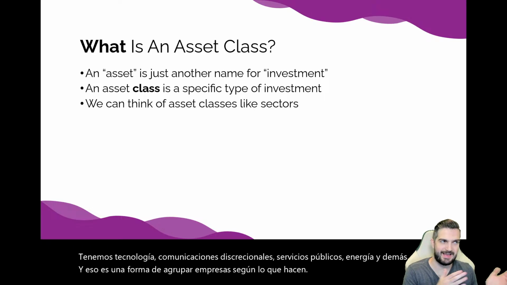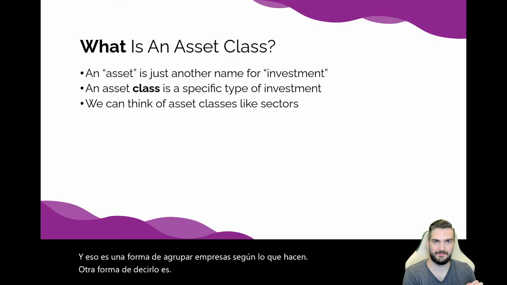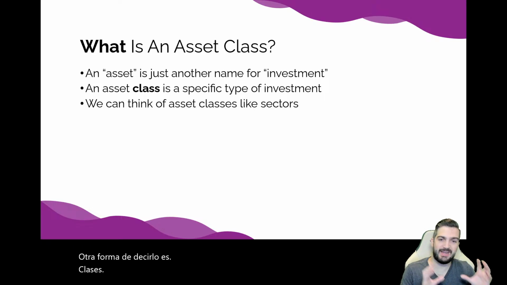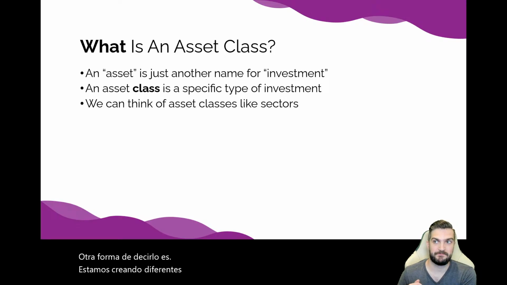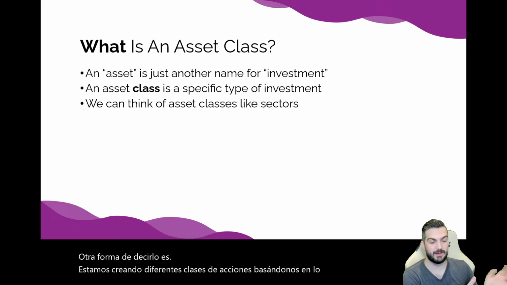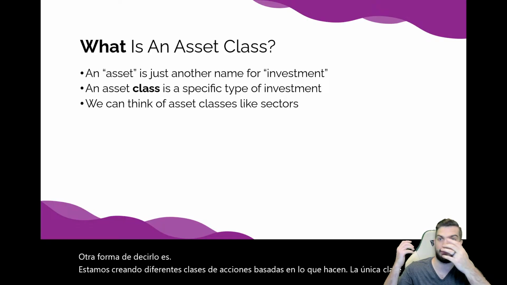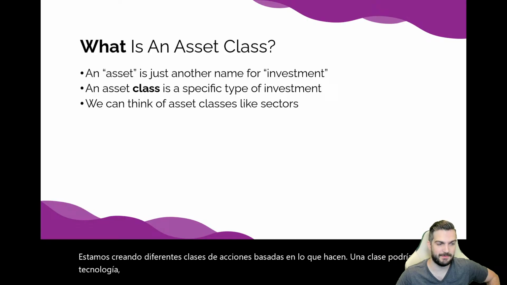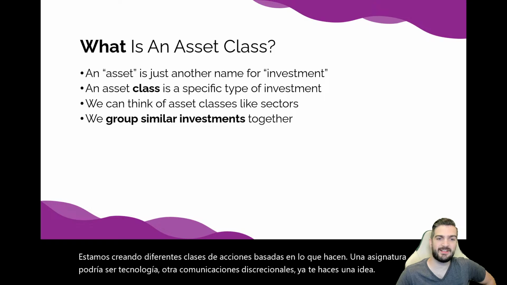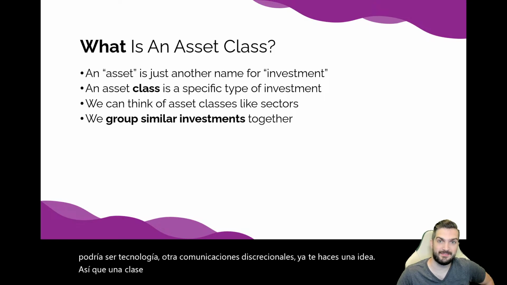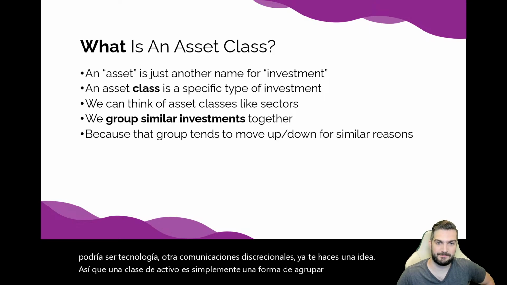Another way to say that is classes. We are creating different classes of stocks based on what they do. So one class could be technology, another discretionary, communications. You get the idea. So an asset class is just a way of grouping similar investments together.